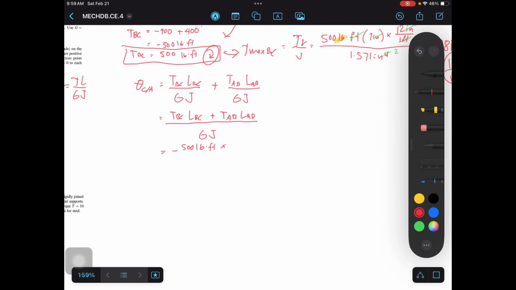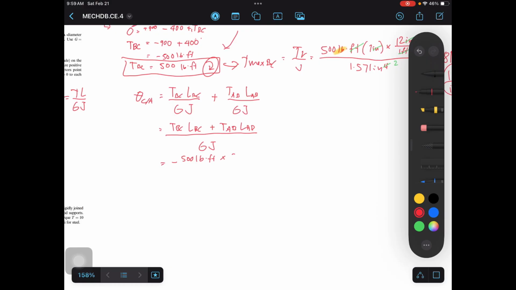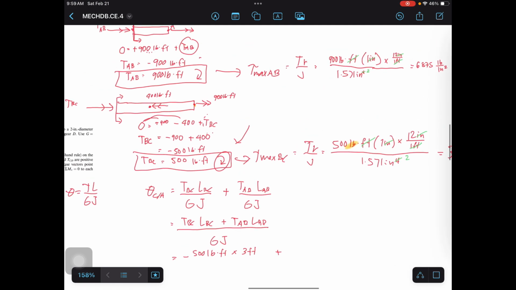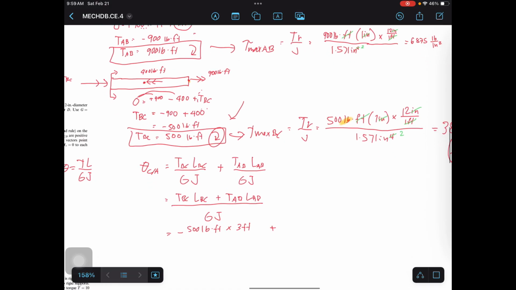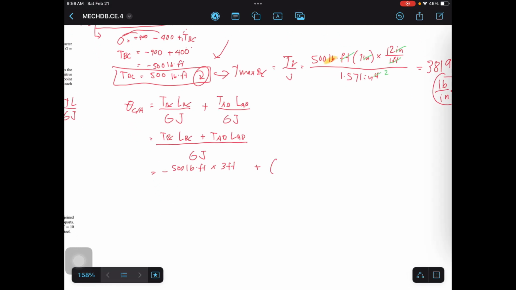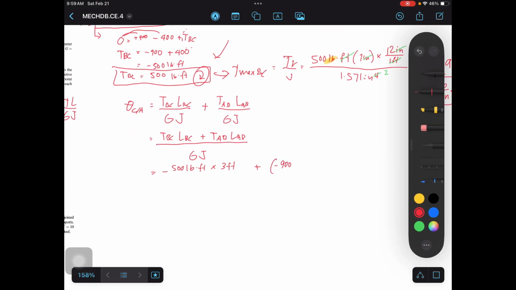So, 3 feet. So, that's the length. And then, kay TAB naman, what's TAB? It is negative na 900. Negative 900 pounds-feet. And then, ano yung length niya? It's 5 feet.